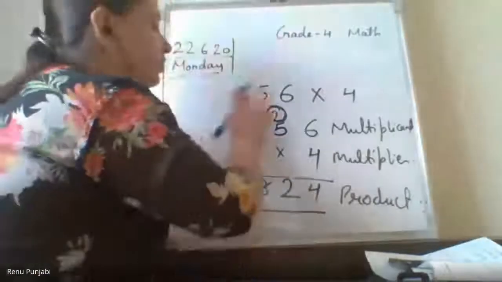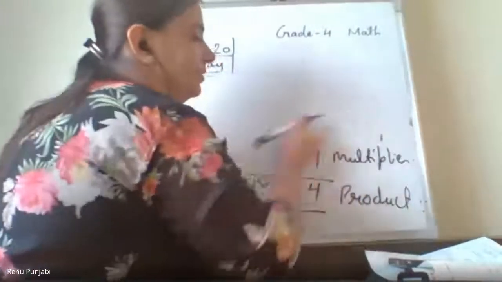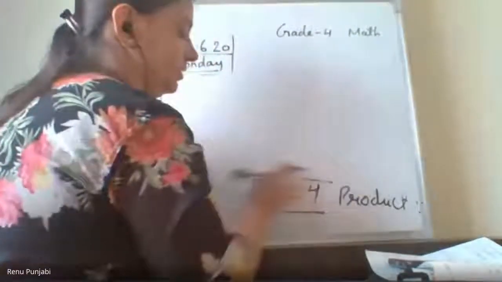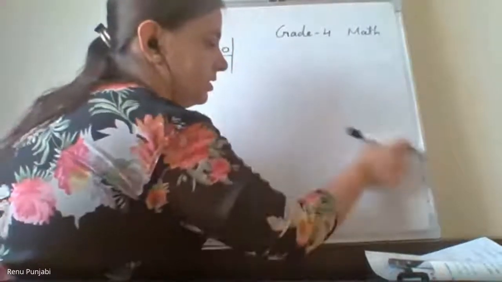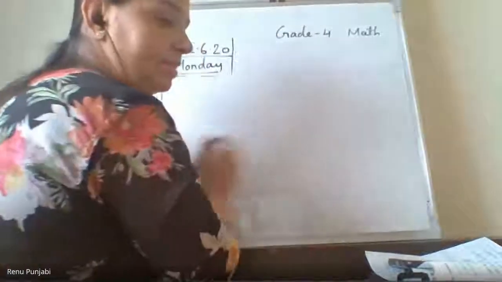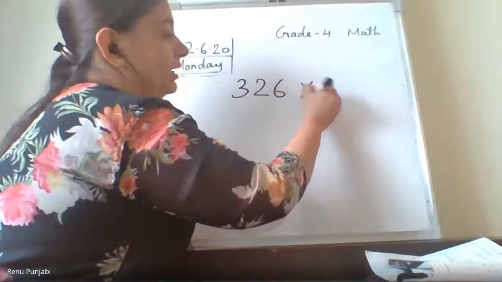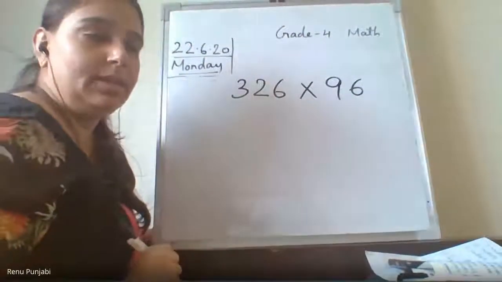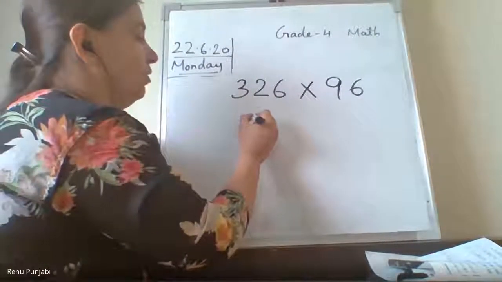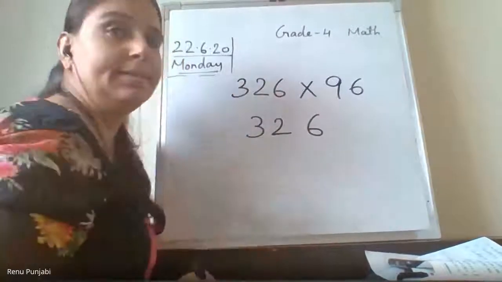Now we go to the next question, which is multiplying the 3-digit number with the 2-digit number. Clear? Now, write them column wise.